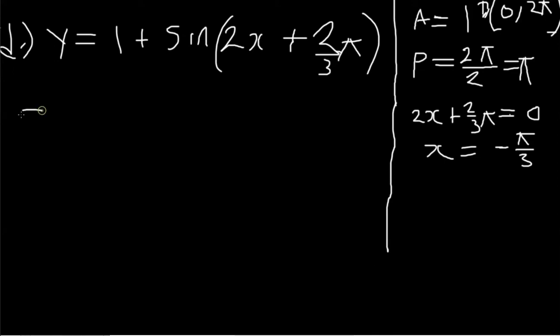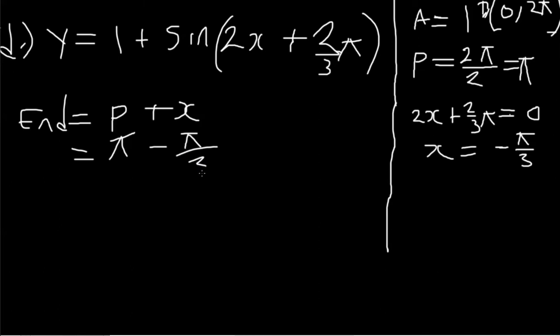The end point of our first cycle is the period plus the value of x. Our period is pi, and our value of x is negative pi over 3.